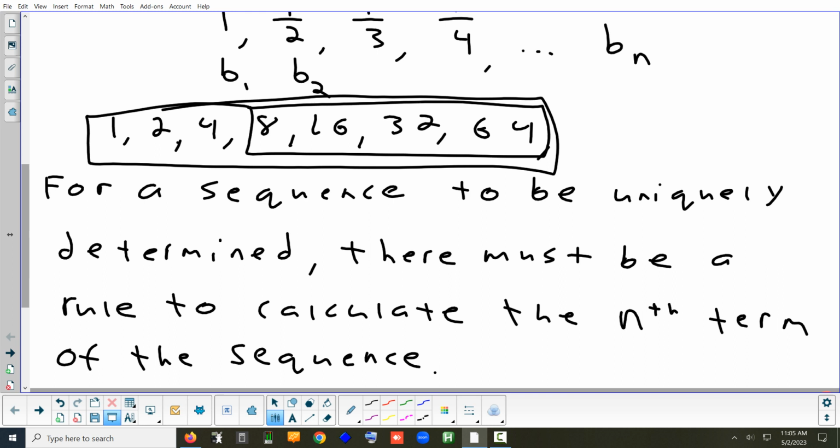Right? So whether you know the first term or you don't, if you can work backwards and figure it out, it might end up being the same as another sequence. So you always want to make sure you know where your sequence starts, and that's the best way to compare 2 sequences. If you know where they both start, and then you find a formula, then you can see if they're the same sequence.